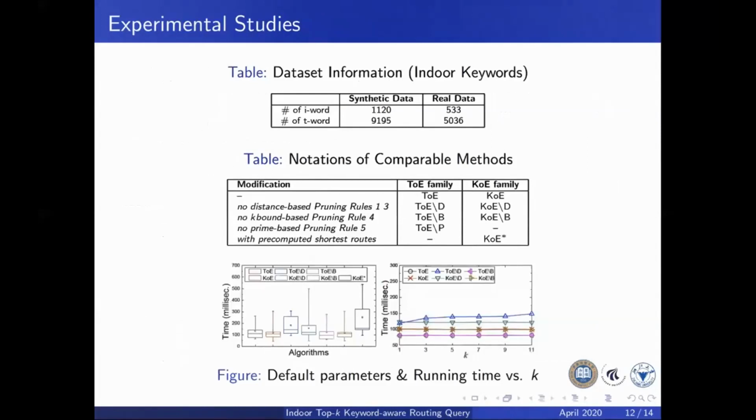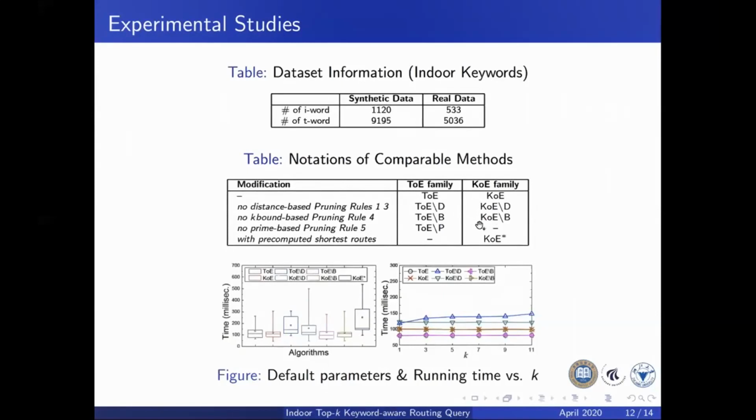The KOE star uses the pre-computed shortest row between any two nodes. And here, we run each algorithm in the default setting and report the running time per query instance. For TOE without D and KOE without D, the distance-based pruning has a great impact on their efficiency.